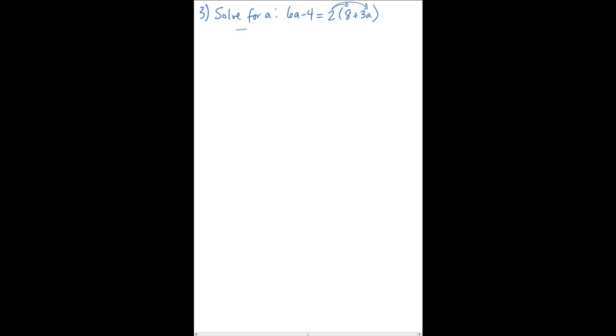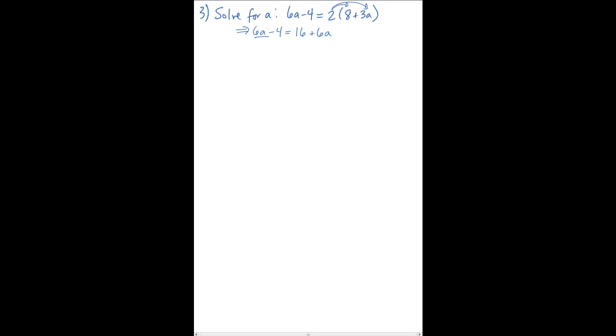So we get 6a minus 4 equals 2 times 8 is 16, 2 times 3a is 6a. Now we want to get a by itself on one side, so we need to move anything with an a in it over to one side. Doesn't matter which one. So for example, I could take the a on the left and move it over.